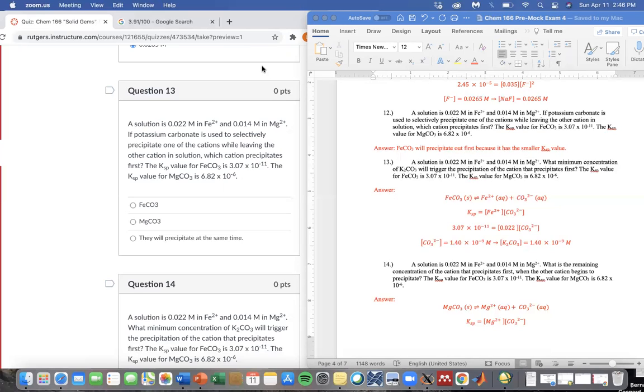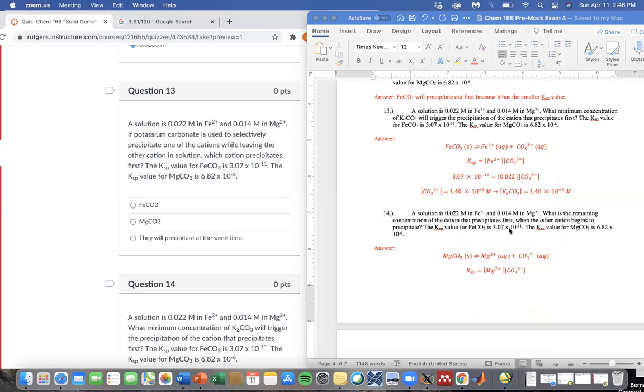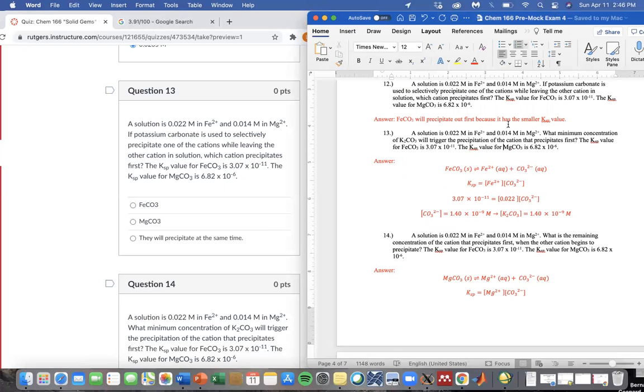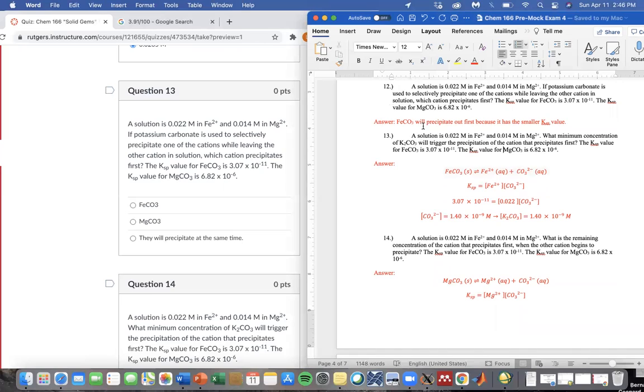So that's an important idea for the next question, because it's asking what is the minimum concentration that's going to trigger the precipitation of the first cation that precipitates out. You have to know which one is going to precipitate out first, because you have to use that KSP. And we know it's the iron because it has the smaller KSP value.